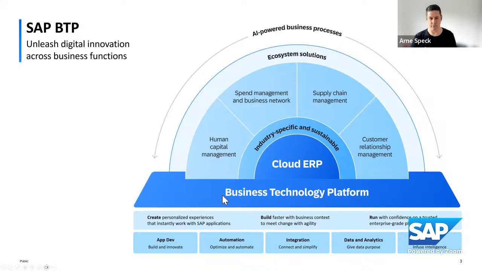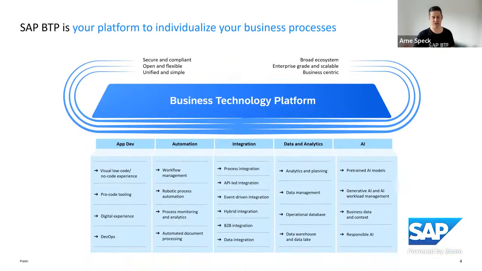And we're doing this with the business technology platform and the 5 pillars that you already have seen throughout this series that we're doing here, but also, of course, in hopefully a lot of other presentations that you have heard.